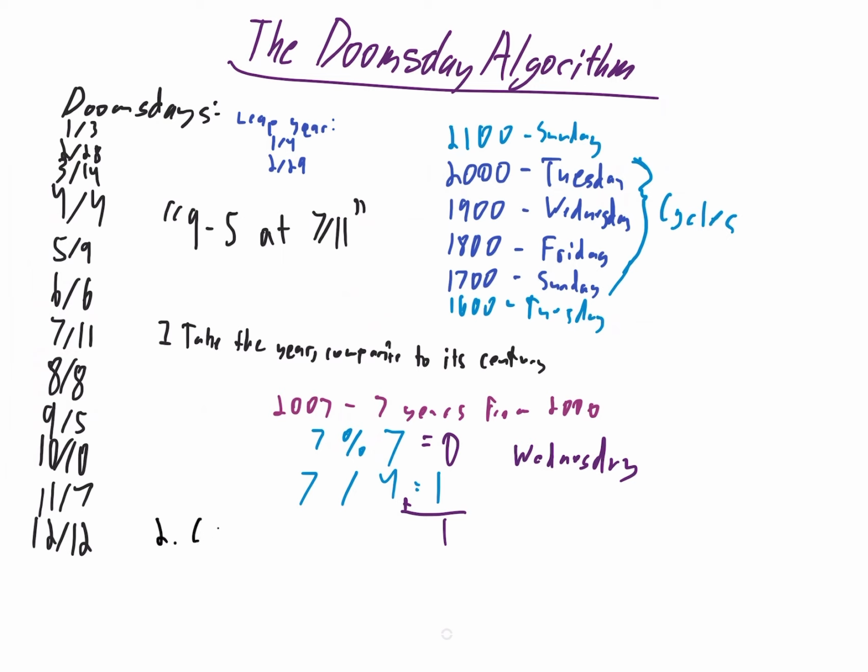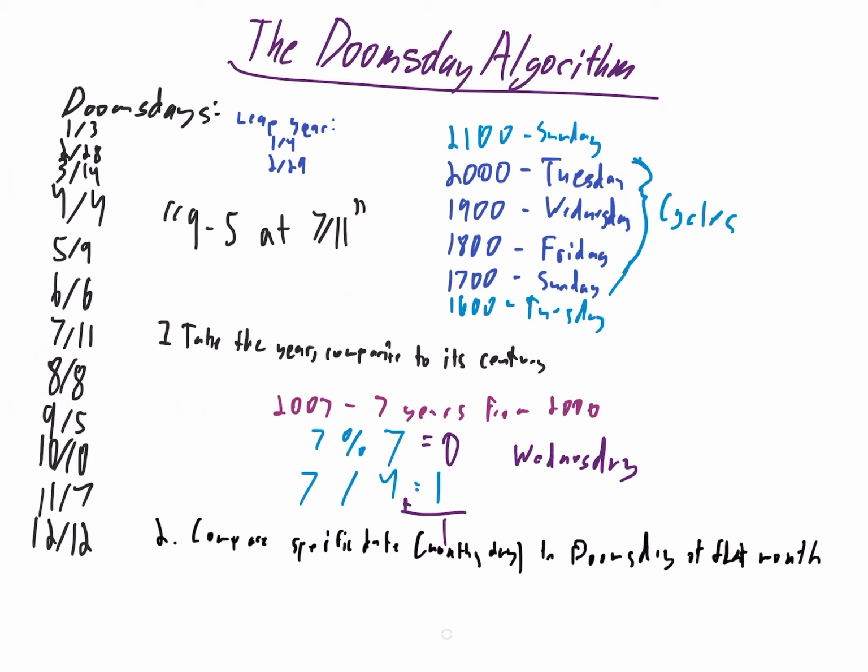Now, step 2, all you have to do is compare the specific date, and by specific date I mean the month and day, to the doomsday of that month. So what do I mean by this?